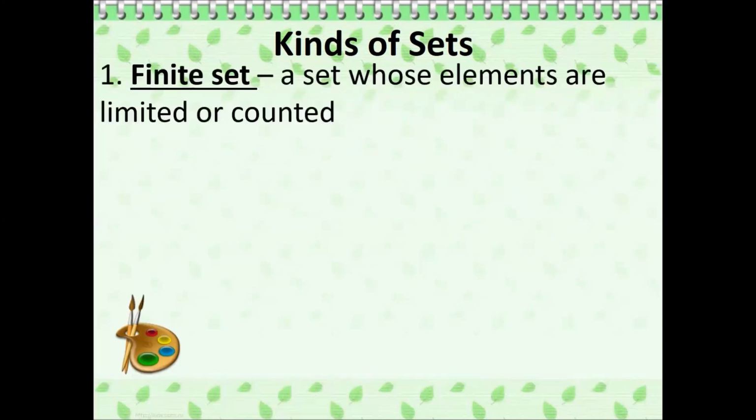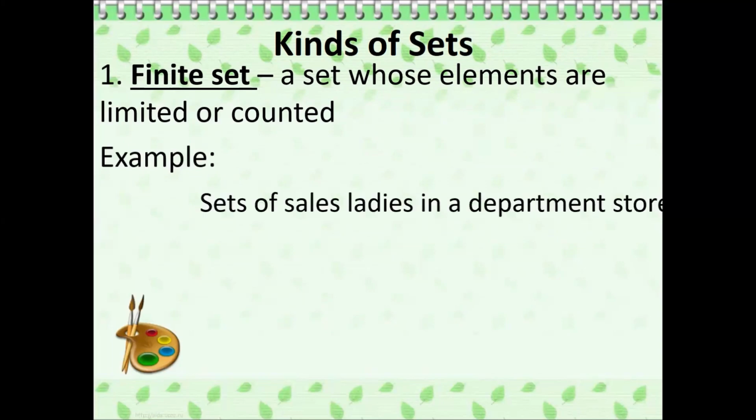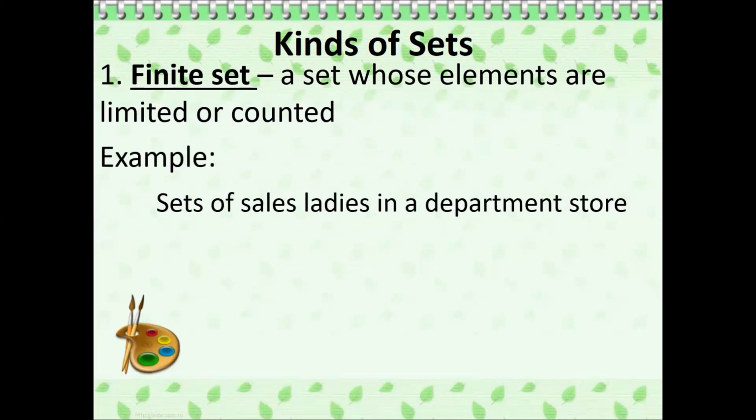So we have kinds of sets. Let us recall everything about sets. A finite set is a set whose elements are limited or countable. Example, a set of saleslady in a department store, or the total number of students in our class, or in Grade 8, one section, Sampaguita, Orchids or Daisy.